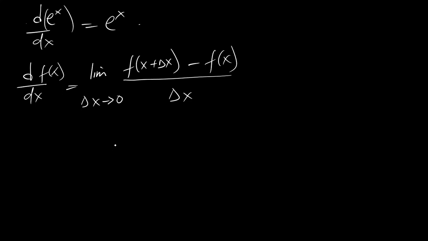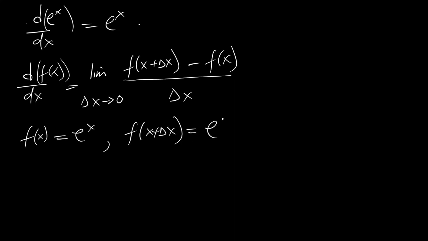Now from this expression, our f of x is equal to e to the power x. Then f of x plus delta x is equal to e raised to power x plus delta x.